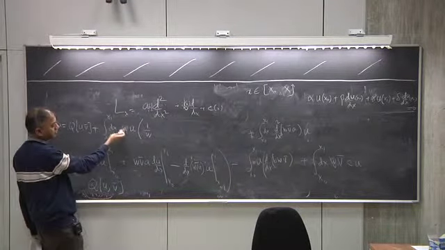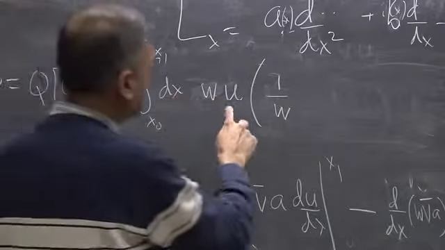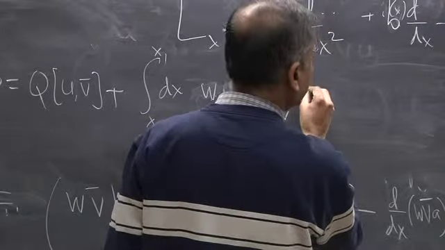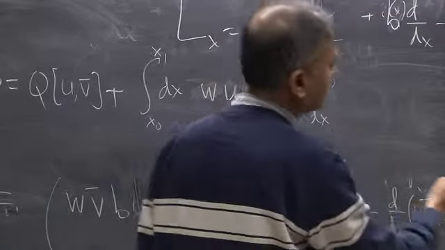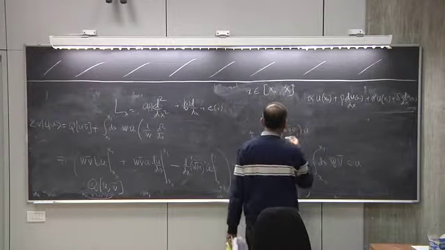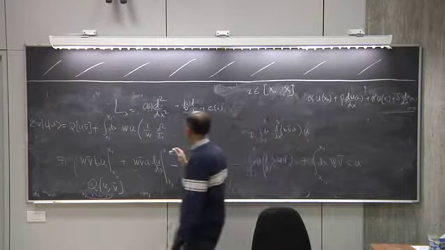W I want to take out because that's part of the definition of the scalar product, the inner product. So 1 over w, and then you have d2 by dx2. If you want to write it out, you can open this bracket also, right? Maybe better to open the bracket.